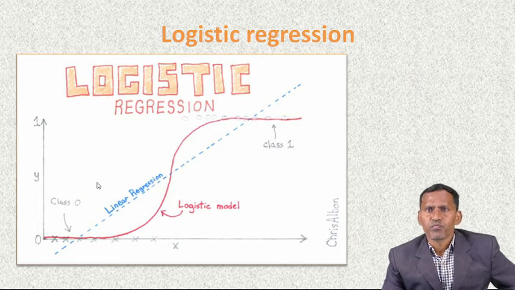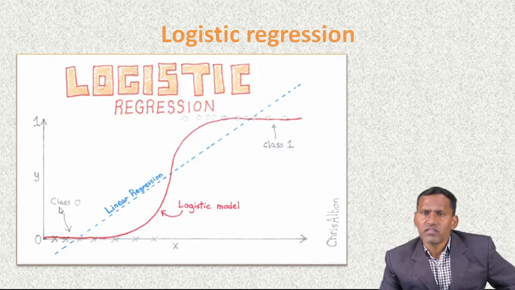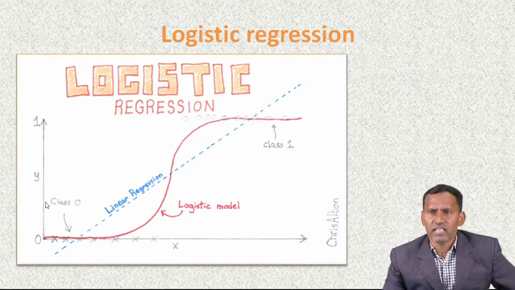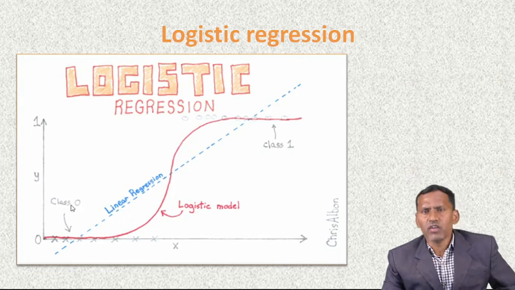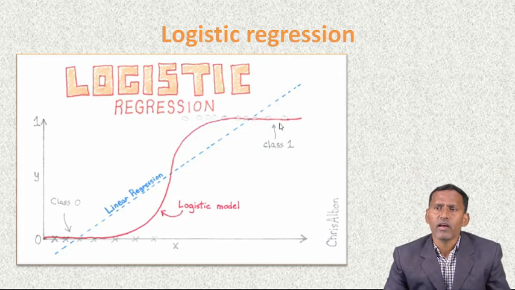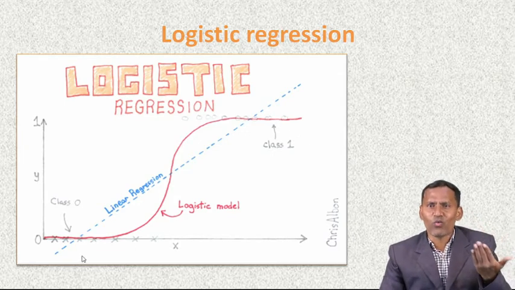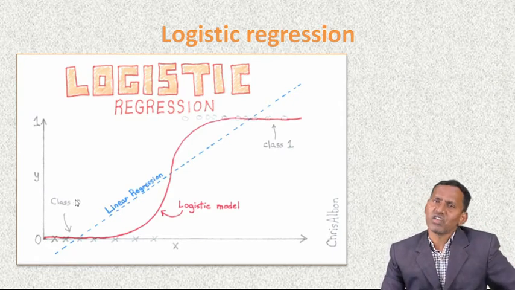So there will be a threshold value here. Based on the threshold value, we can categorize outputs into either of the classes, class 1 or class 0 in binary classification. The output above the threshold value comes under class 1, and the output below the threshold value comes under class 0.